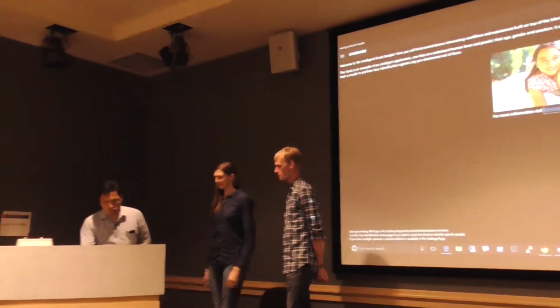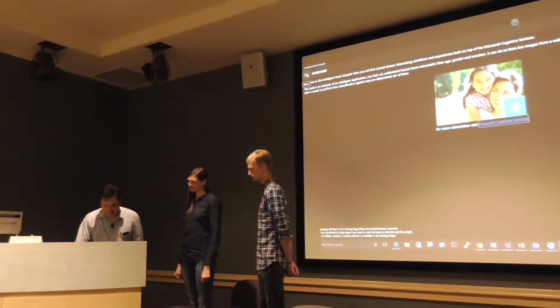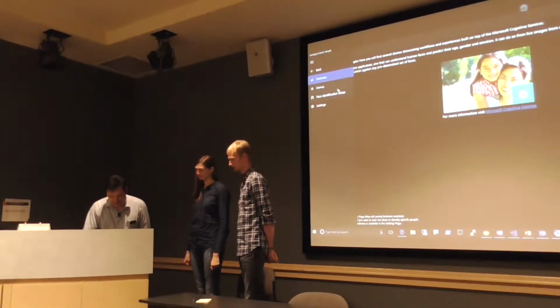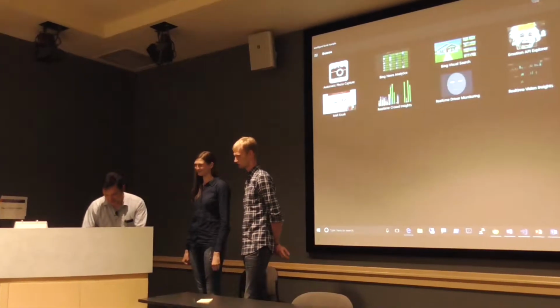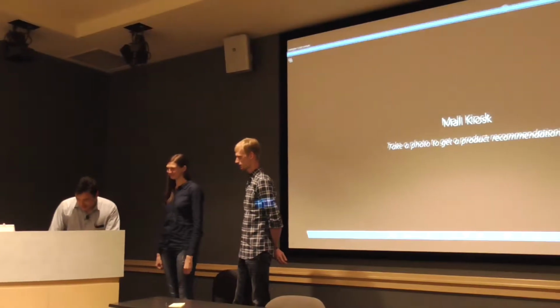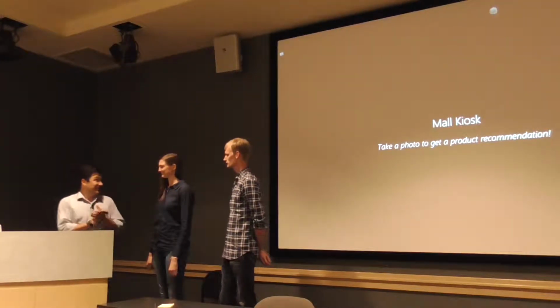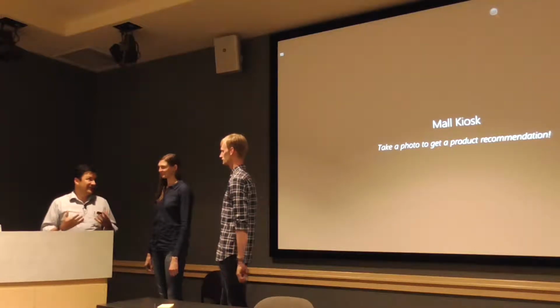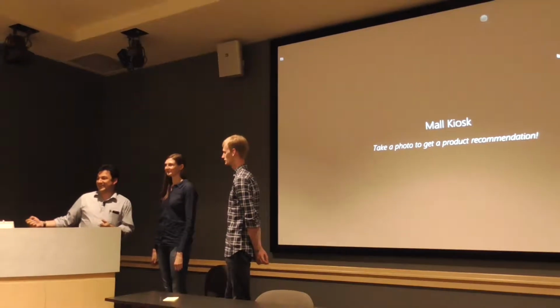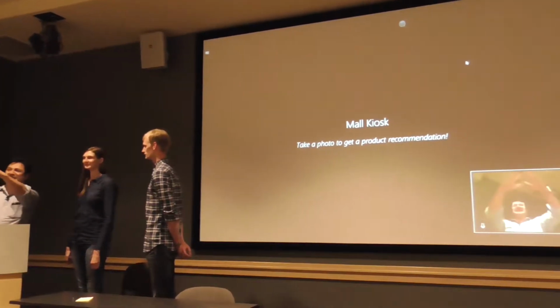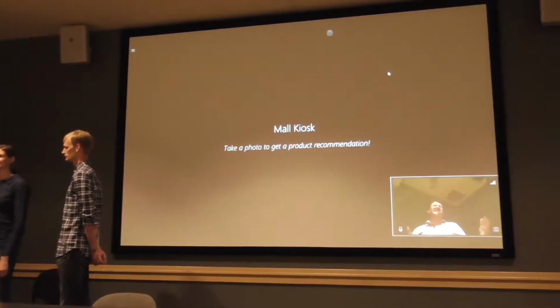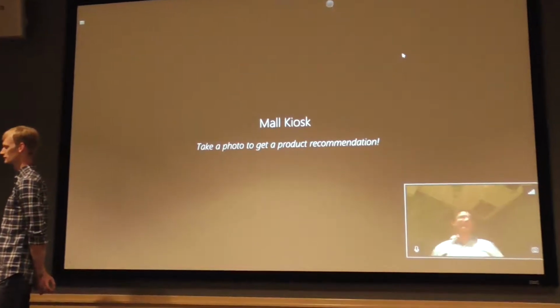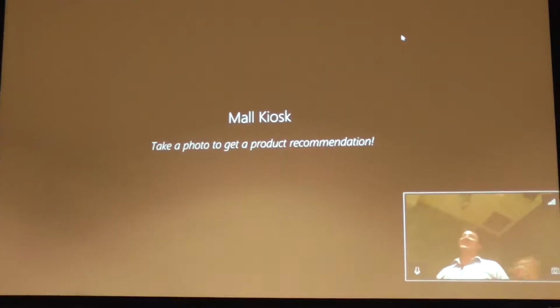Okay, so what's happening is, and don't get mad at me because I'm going to use all kinds of stereotypes. So you are entering a mall, let's say, and today when I go to the mall with my child, we see all kinds of displays and ads, and today they have no context about who is looking at them, right?